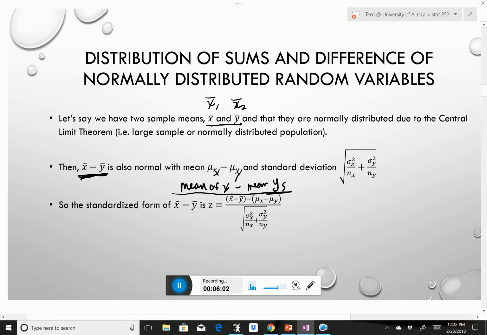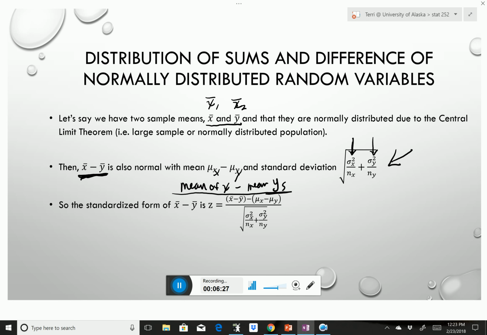That makes sense. And here's the standard deviation of the difference. The reason this has to be added instead of subtracted is because, remember, if we have two different distributions, each one of these has its own standard deviation. The standard deviation isn't going to get smaller, it's going to get bigger.